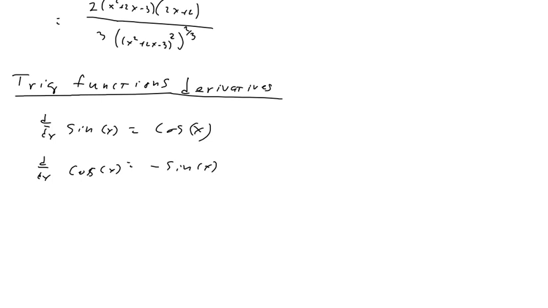All of the co-functions, cosine, cotangent, cosecant, all of the c ones will have a negative derivative. That's our first sort of pattern here that we can see. So derivative of sine, derivative of cosine. All the co-functions will be negative.